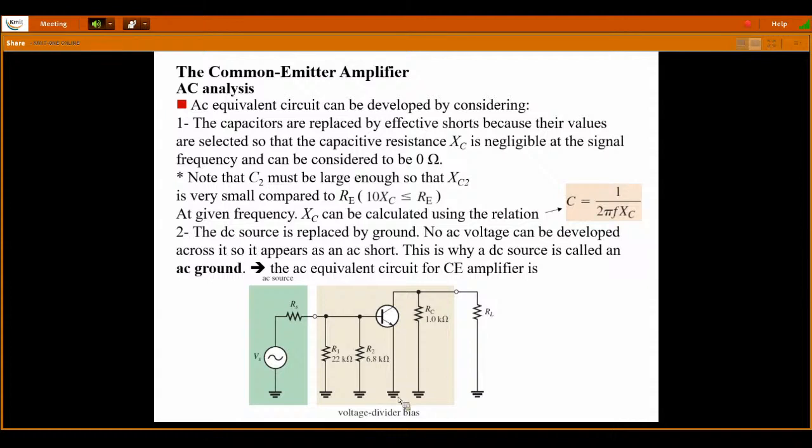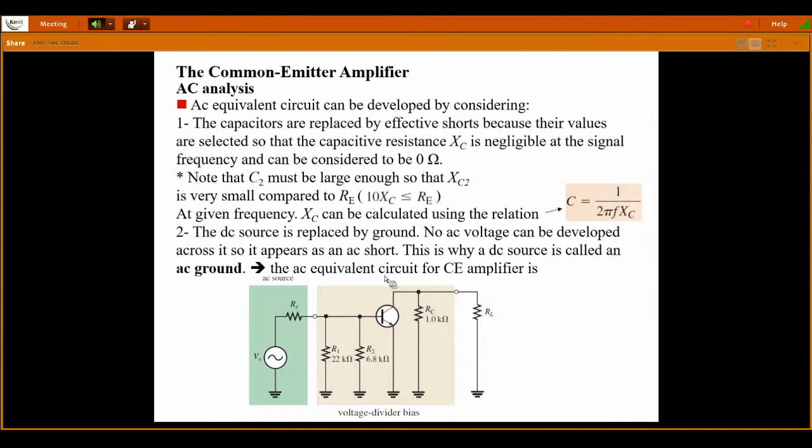Since the bypass capacitor is shorted, the resistance at the emitter is the parallel combination of RE with the reactance of the bypass capacitor, which is 0, so the resistance offered at the emitter is 0. So in AC analysis, that emitter resistor is replaced since your bypass capacitor is shorted. The output coupling capacitor is also replaced with a short circuit.